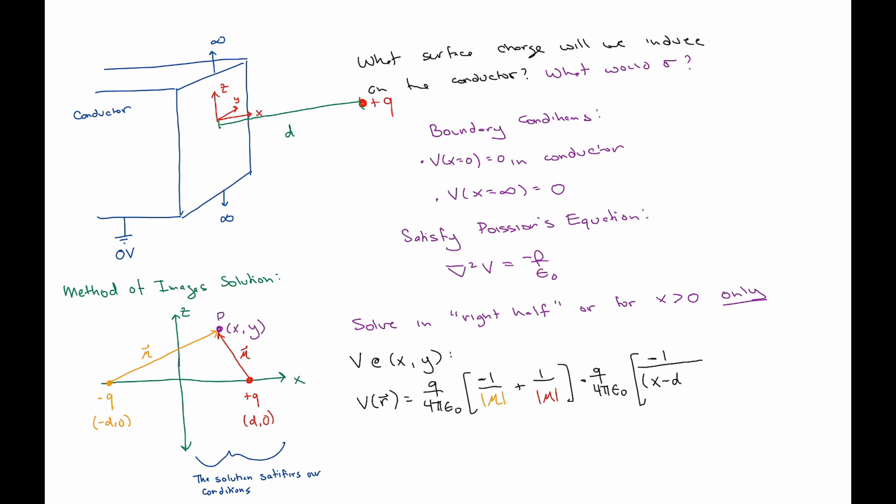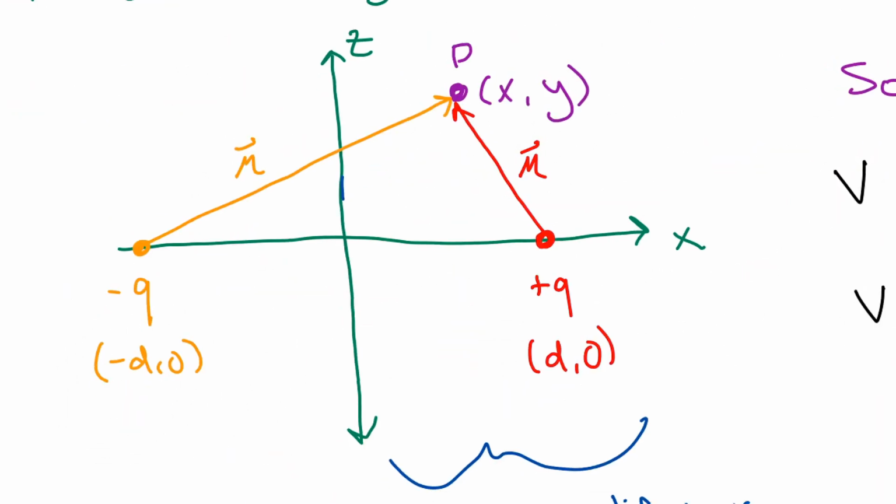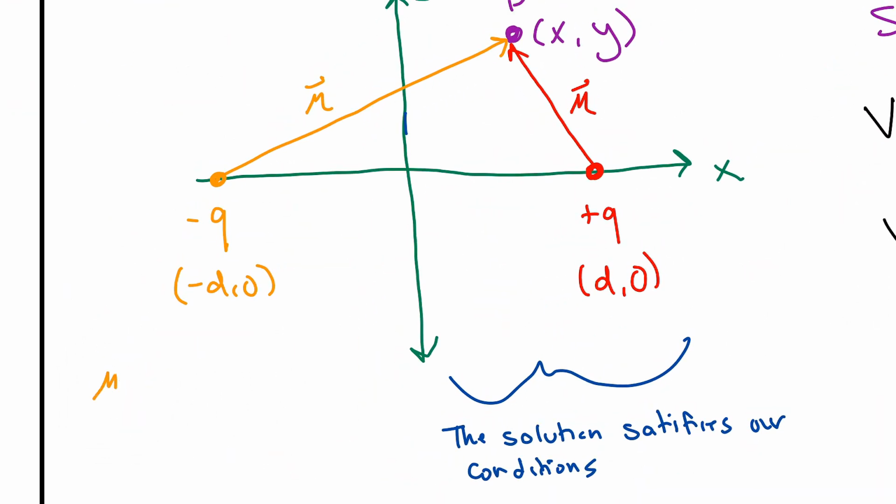Okay, remember what I'm doing there. If you can remember, let me do it over here. This is our separation vector. It's equal to r minus r prime. In this case, r is going to be equal to x and y. That is just this vector from the origin to the point where we're trying to solve the problem.